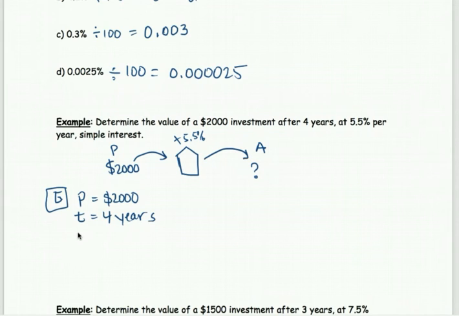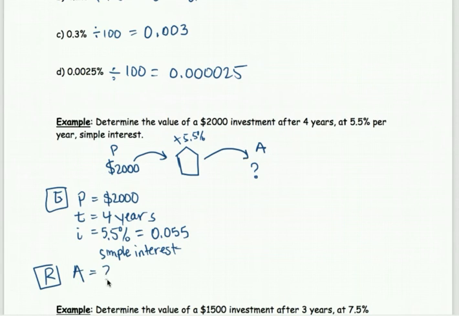And we have an interest rate of 5.5%, and again, this is simple interest. We're not going to use this percent number. We're going to divide by 100 and use that value instead in our calculations today. I'm going to write R for what's required: we need to find the amount.